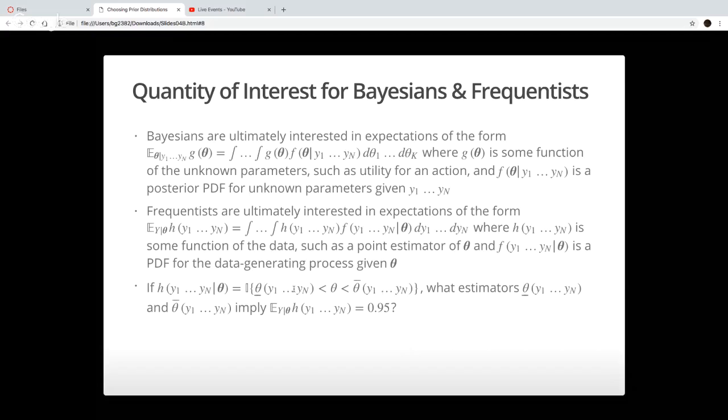But for both of these, in order to evaluate that function, we would have to be given theta. But given theta, we could construct lower bounds and upper bounds such that this interval would capture the true parameter theta 95% of the time if we applied it repeatedly to thousands of data sets.